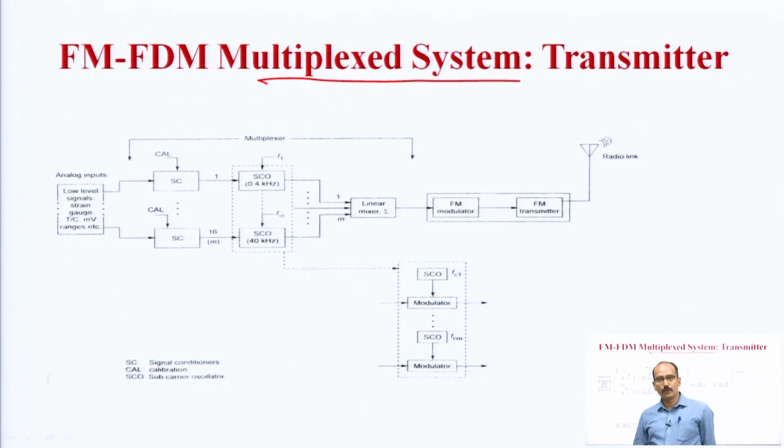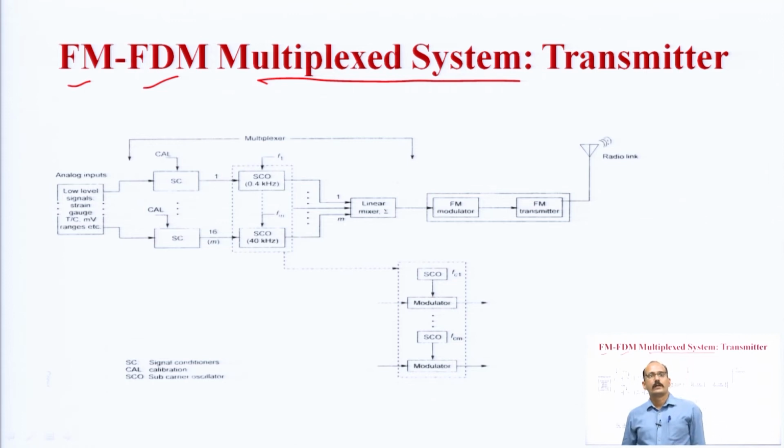As I told you, we have 2 types of basic telemetry principle operated systems, that may be an analog system and that may be a digital system. When we are talking about an analog telemetry system, we use an analog multiplex system, and the analog multiplex system is designed using frequency modulation and frequency division multiplexing.